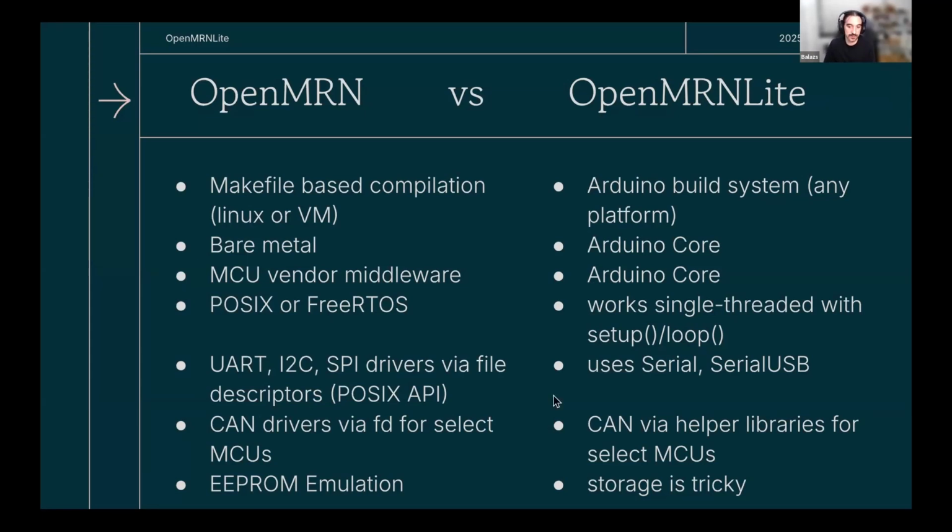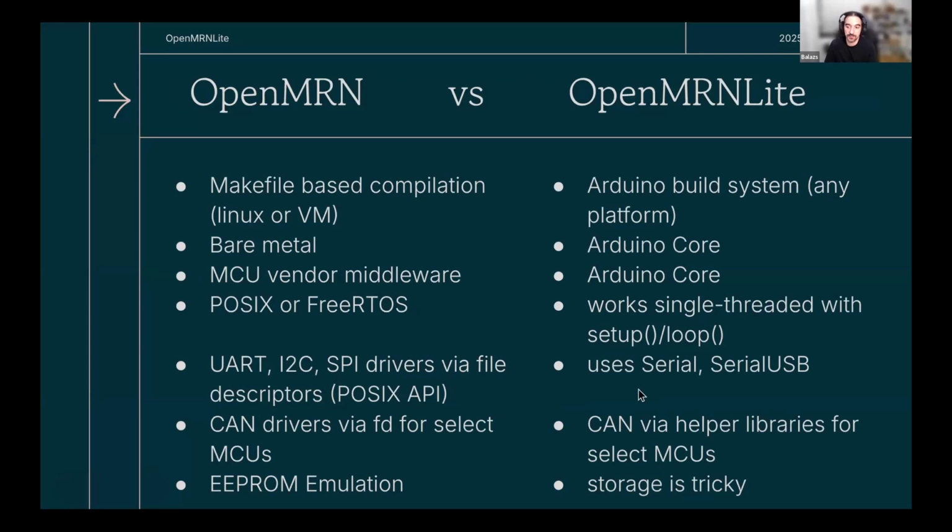Also, there is a big difference with the drivers. For the supported microcontrollers in heavyweight OpenMRN, we have built a POSIX API emulation library for serial, I2C, SPI, etc. Also CAN bus for the MCUs that we are actually using with real manufacturers.